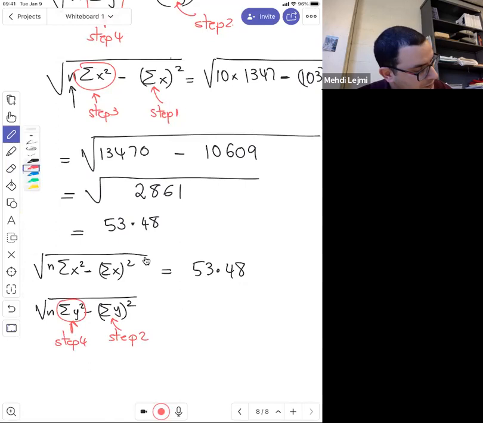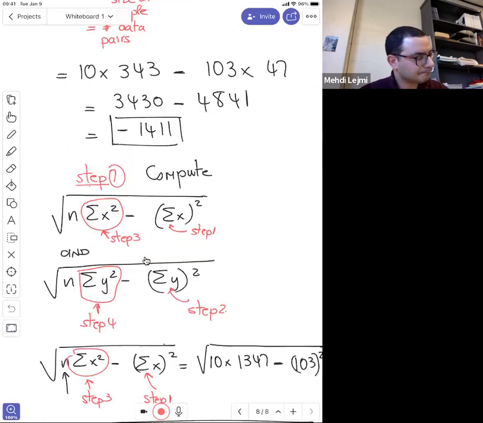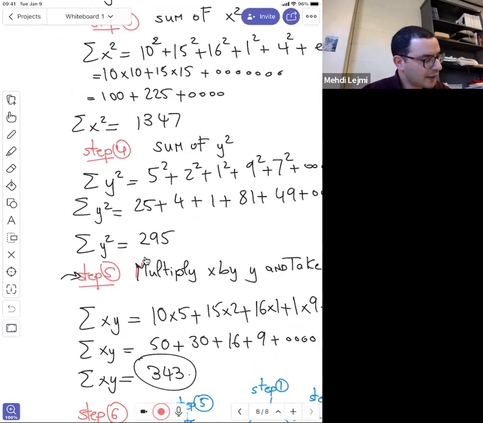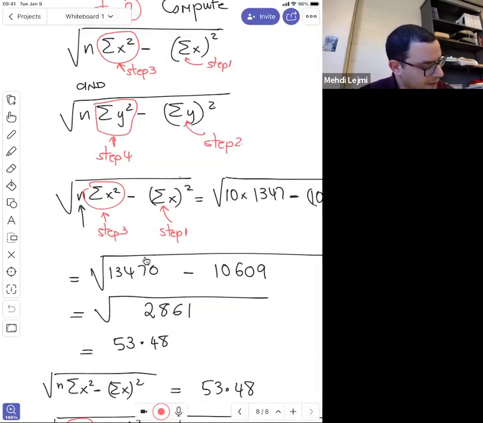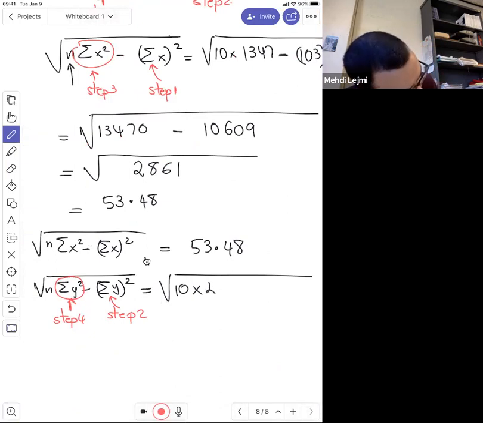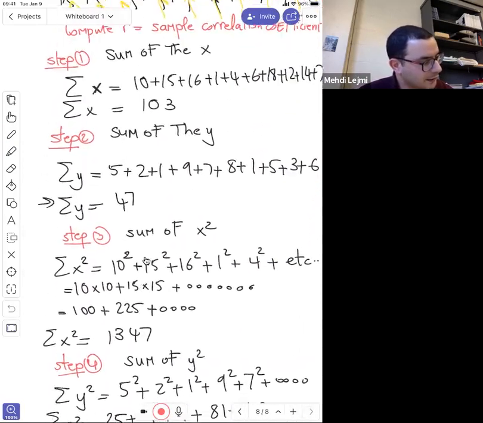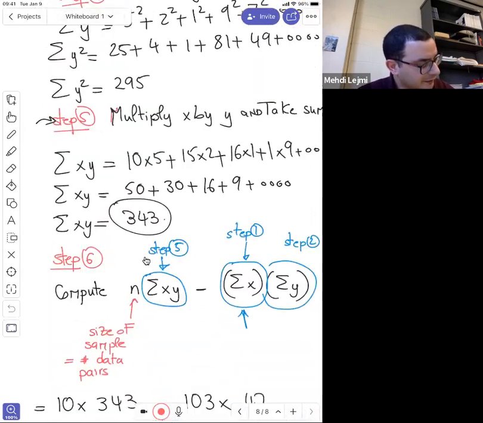So this is the square root of, again, n is just 10. From step 4, the sum of the y squared, we got 295. So that's 10 times 295, minus, from step 2, we got 47.